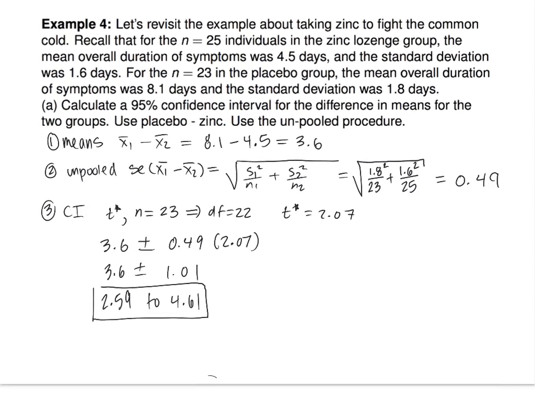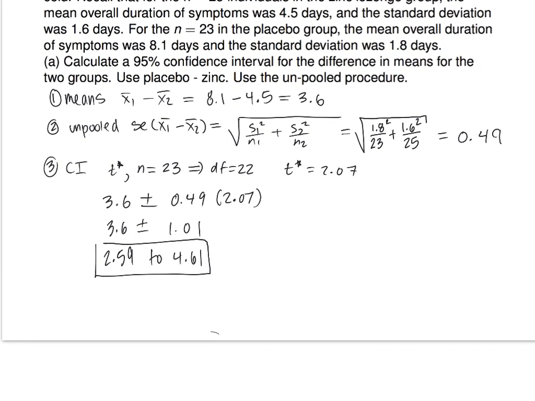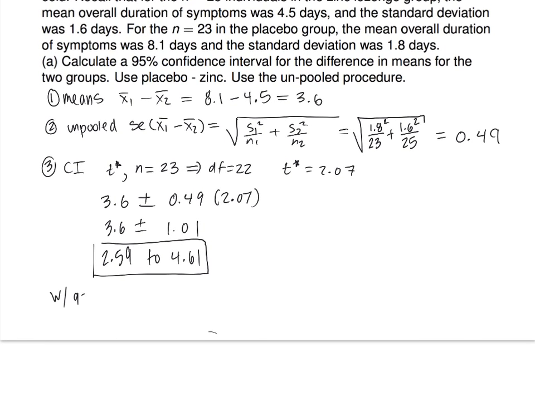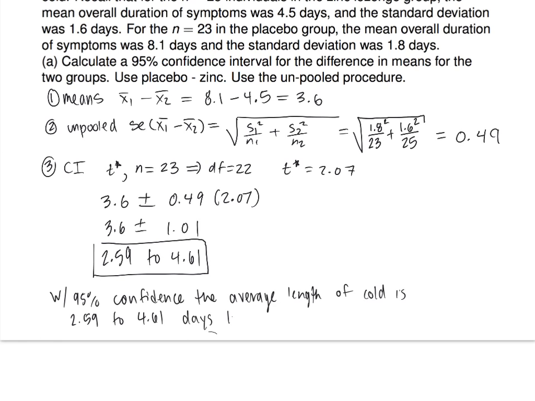Because I know you have space, let's write one little sentence about that. With 95% confidence, the average length of cold is 2.59 to 4.61 days longer on the placebo.